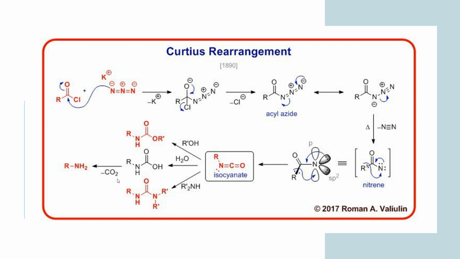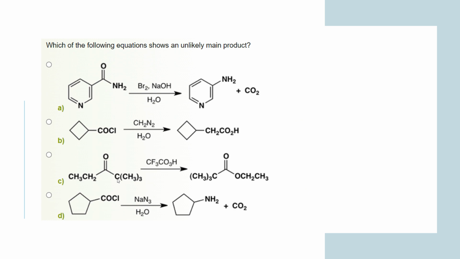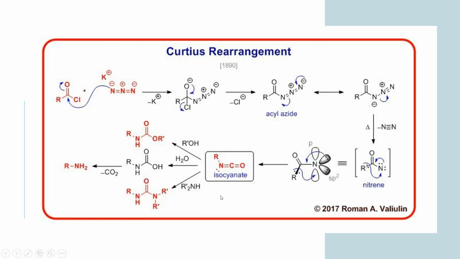Okay, so let us go back to the reaction. If we look at option B and D, these two are following a similar mechanism for the reaction. And for option B, you can see that after the formation of isocyanate, when it reacted with water, it gave this carbamic acid.